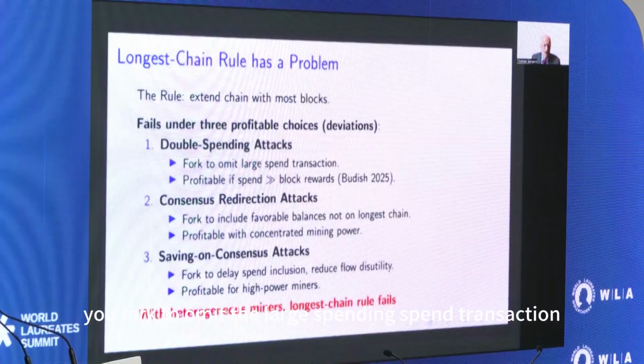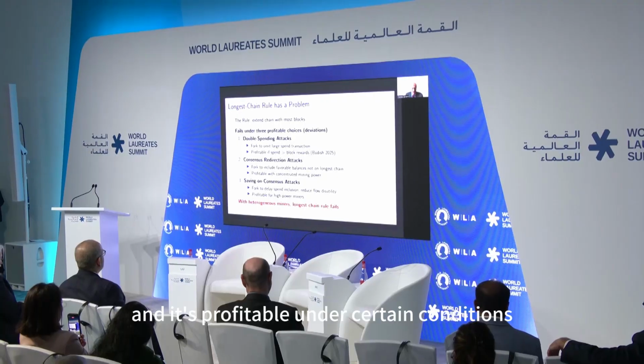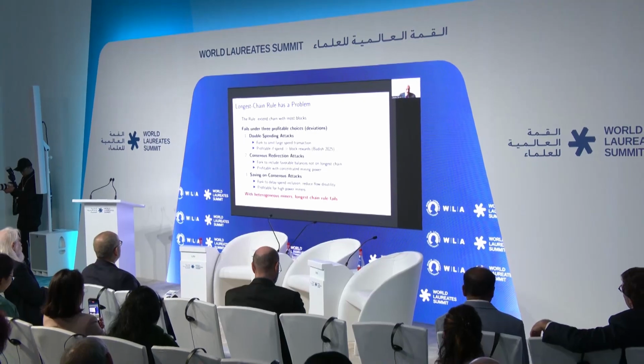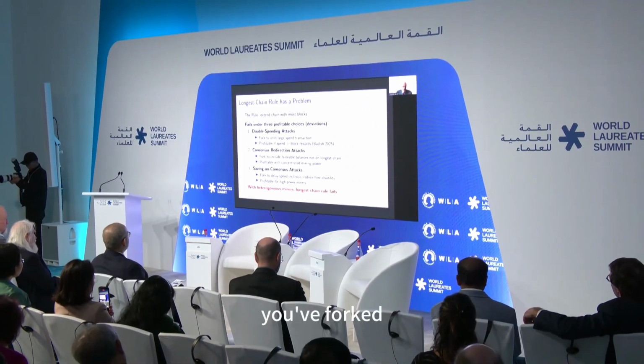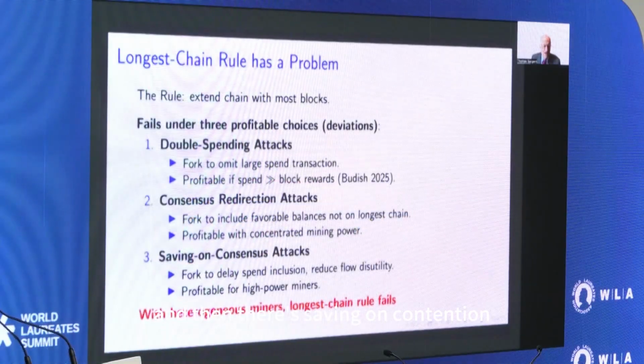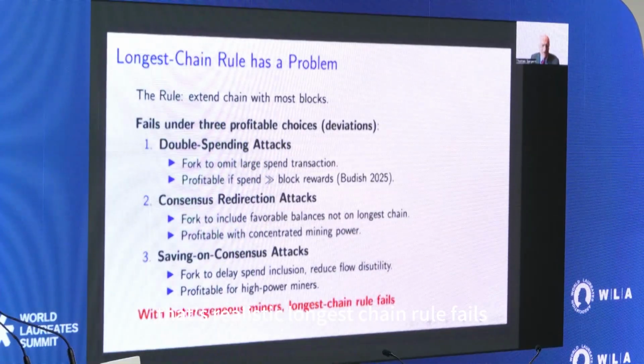You fork to omit the large spend transaction, and it's profitable under certain conditions that you can just check. There's consensus redirection: you fork to include favorable balances that aren't on the longest chain. And then there's saving on consensus attacks: you fork to delay spend inclusion, and you reduce flow disutility. With heterogeneous miners in this environment, which is realistic, the longest chain rule fails.